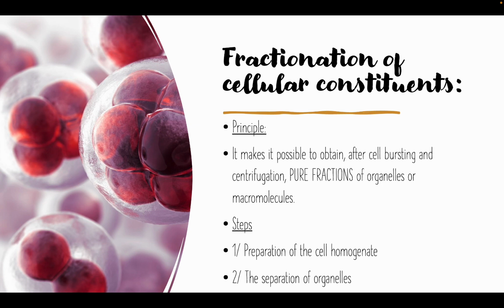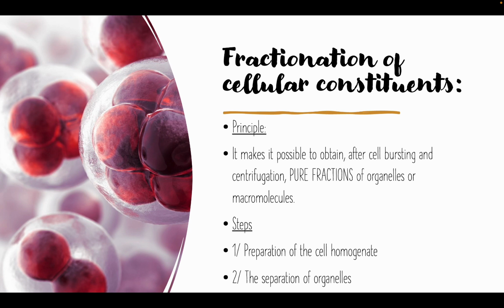Principle: it makes it possible to obtain, after cell bursting and centrifugation, pure fractions of organelles or macromolecules. Two steps. The first step is preparation of the cell homogenate and the second is the separation of organelles.